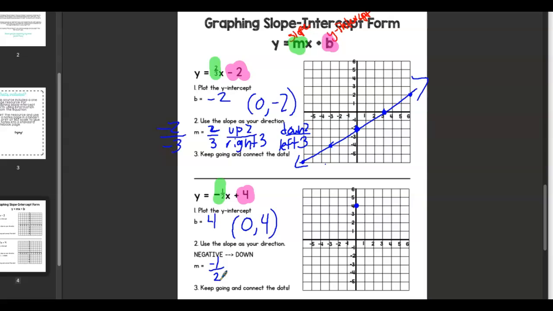It's not both. So if I put it on top, that tells me to go down 1 and right 2. Or if I put it on bottom, I could go up 1 and left 2.